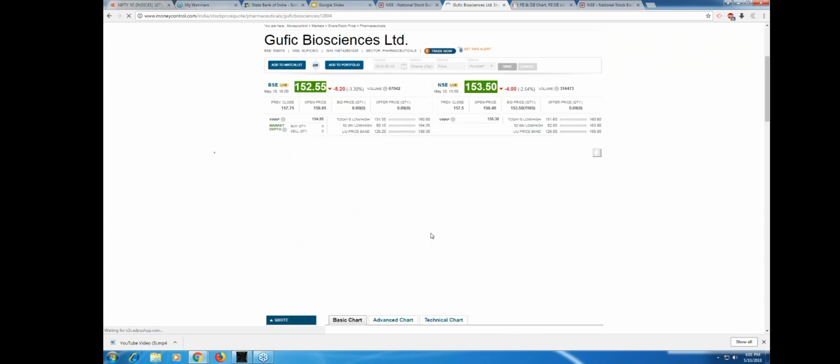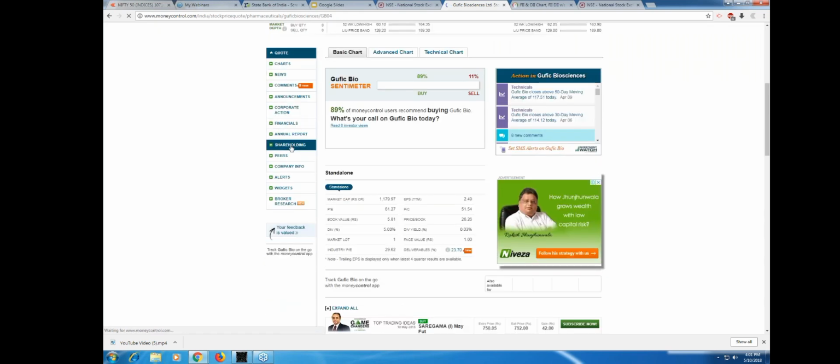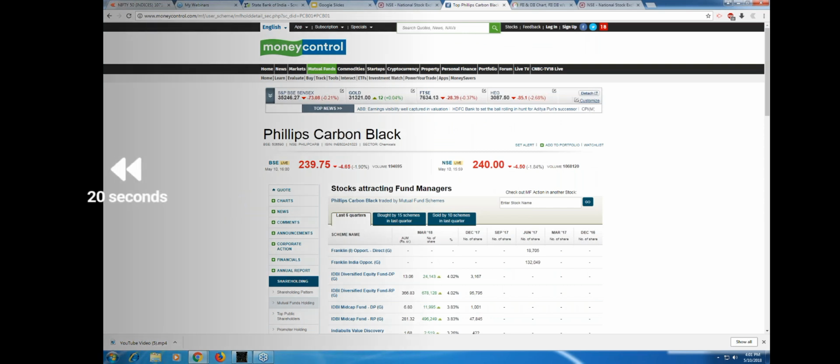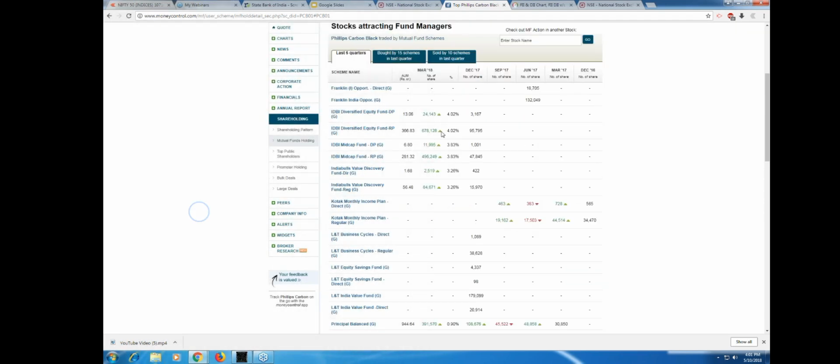Now Geofic Biosciences, again you go to the shareholding pattern, then you go to the mutual funds. They believe that the stock holds a great future. All of them are increasing slowly, gradually.